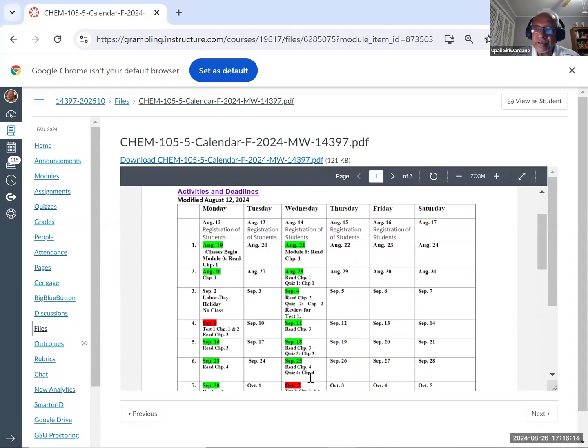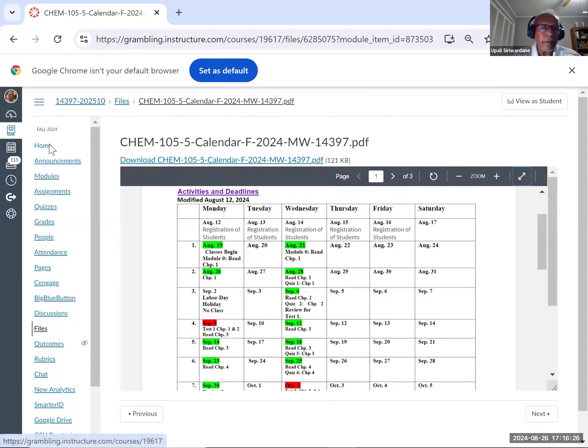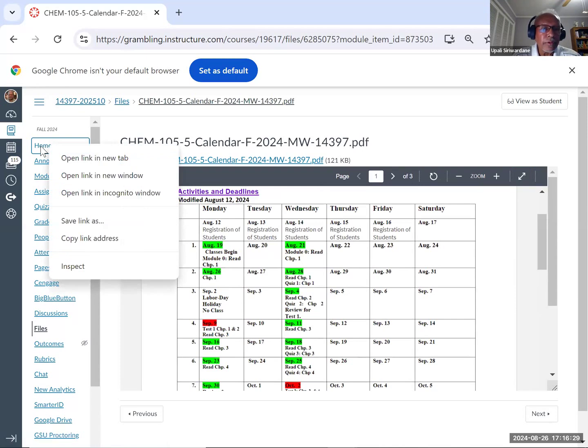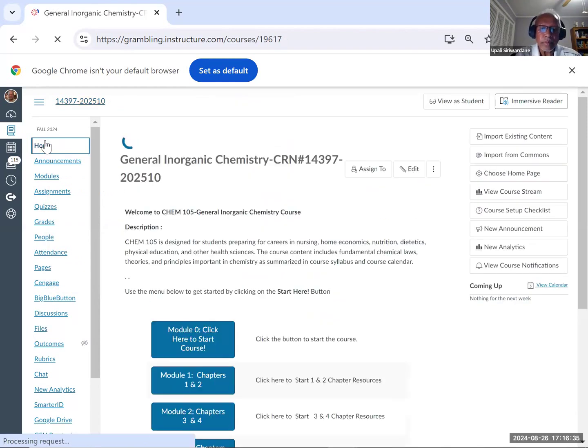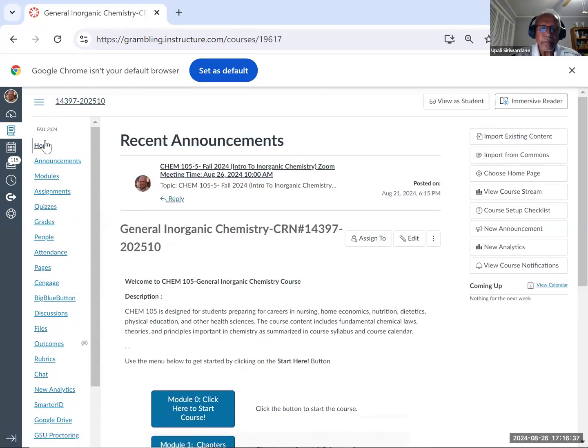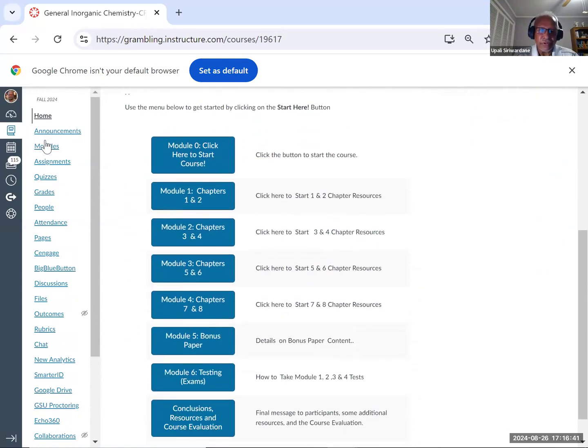So this course is based on module structure. As I showed before, you go back to home page. There are 4 modules, more than 4.